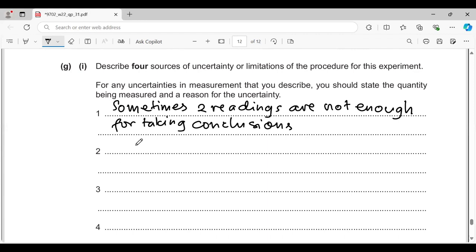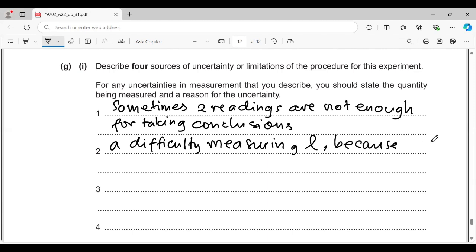And the second is we have difficulty measuring L, or the length of string. Why? Because of the location of the pendulum center.